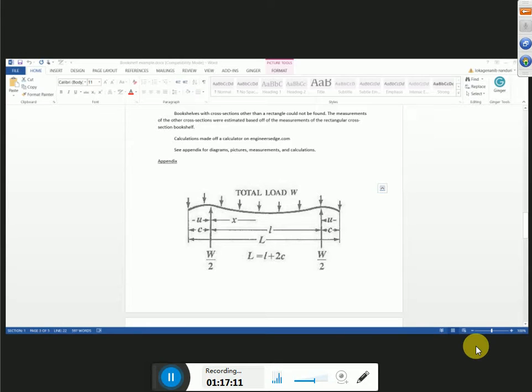You can see this clearly: a rectangular cross section, do the calculations, a T section for the beam, channels, and other sections possible. They should be manufacturable and not just drawing. So they discussed all that in a report like this.